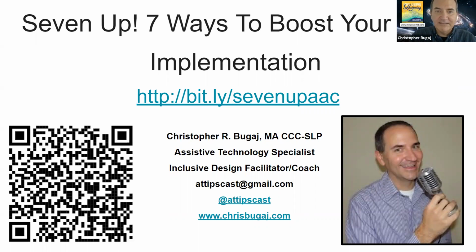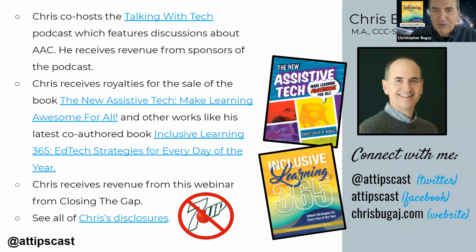So we only have 45 minutes together, so I'm going to get right into it because there's a lot to cover. And the first thing to tell you about is me. In case you don't know me, my name is Chris Bugaj. My day job, where I'm taking my lunch break right now, is for Loudoun County Public Schools up in Northern Virginia. And I have been working there for many years.